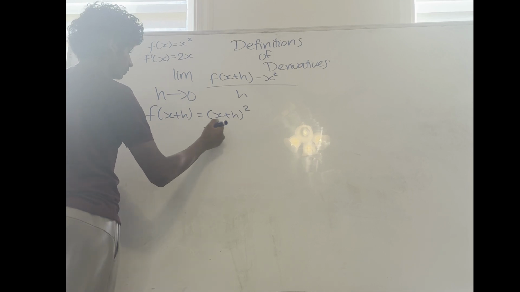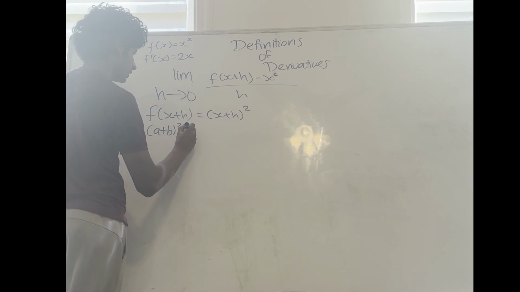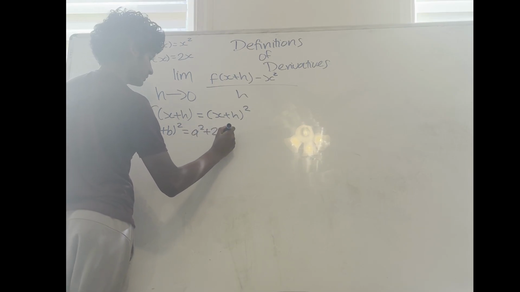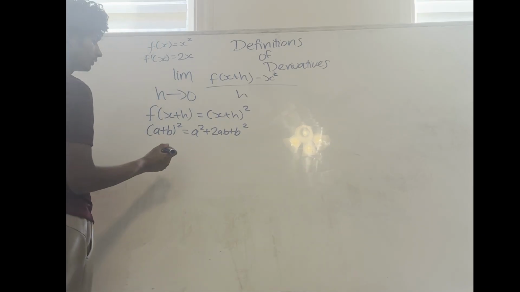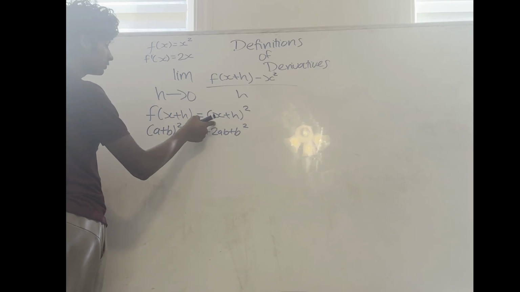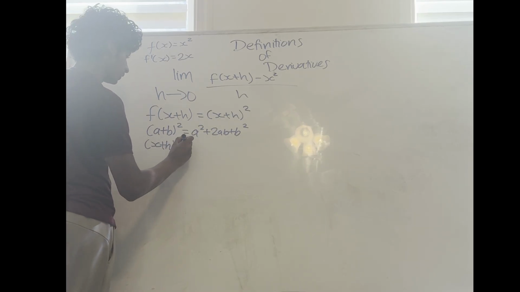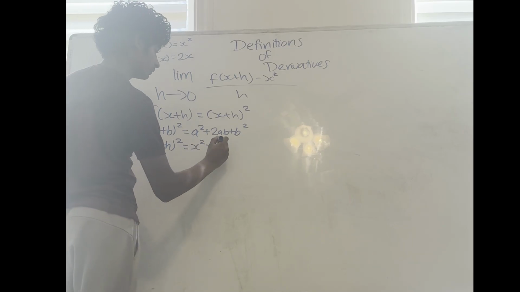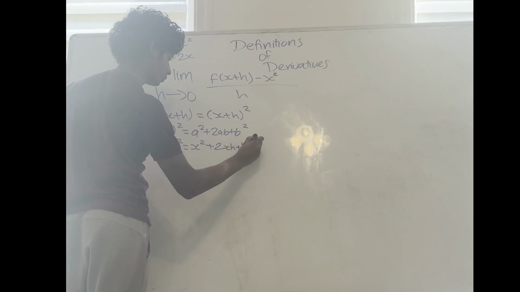And so from algebra 2, we know that a plus b squared is equal to a squared plus 2ab plus b squared, all right? So we can use the same rule over here. So x plus h squared is equal to x squared plus 2xh plus h squared.